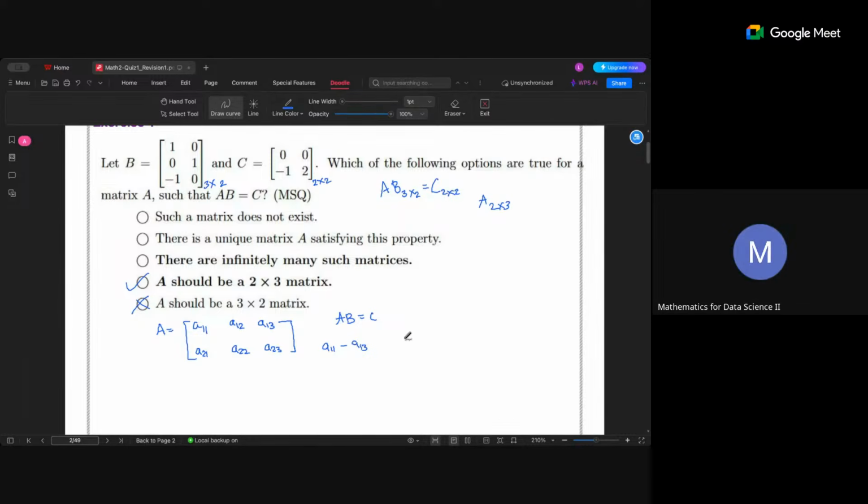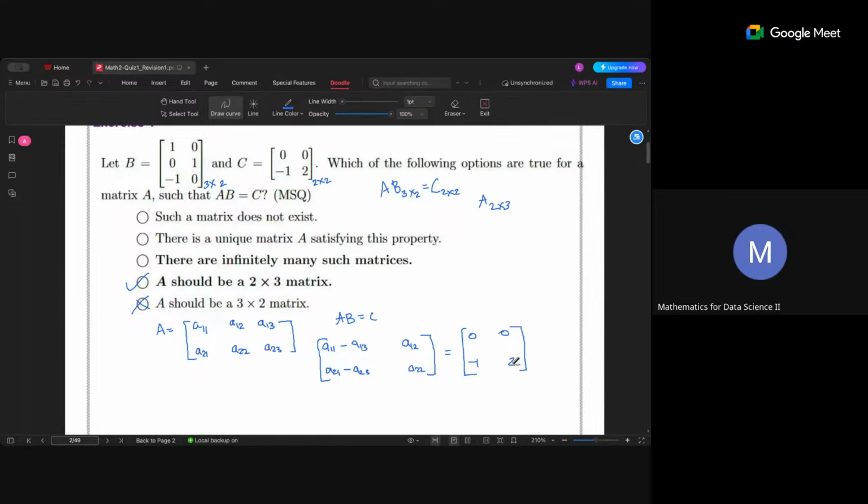Now the second row with the first column gives me A21 minus A23, and the second row with the second column gives me A22. Right? So from here, we can now equate it with the matrix C, which is 0, 0, minus 1, 2.